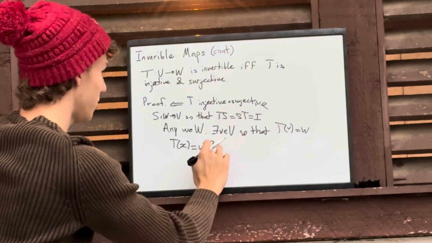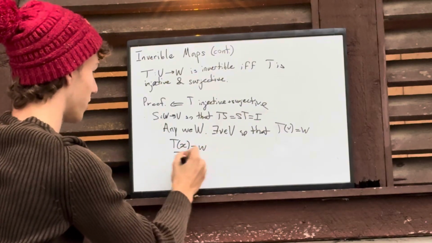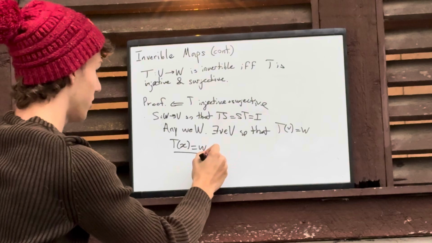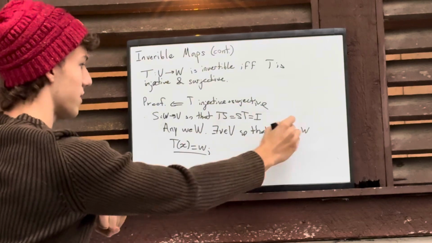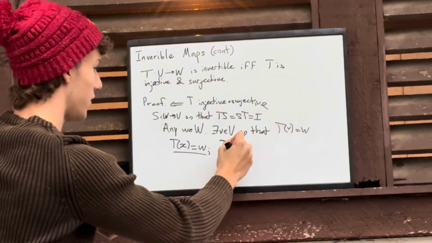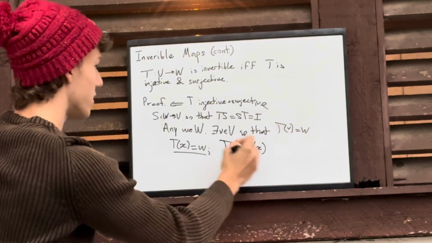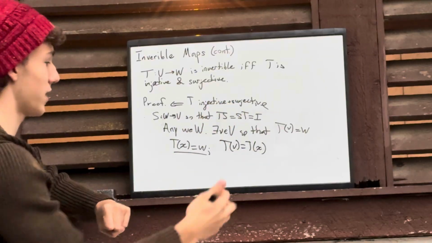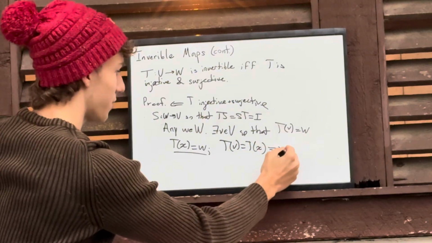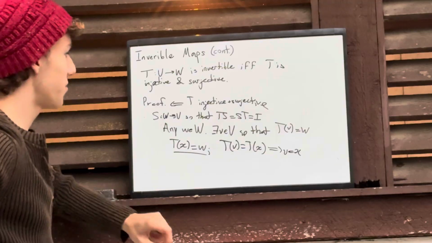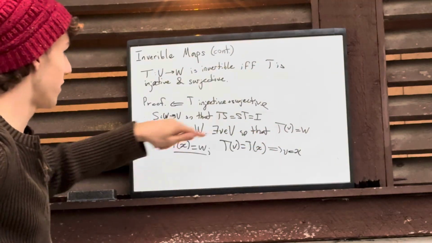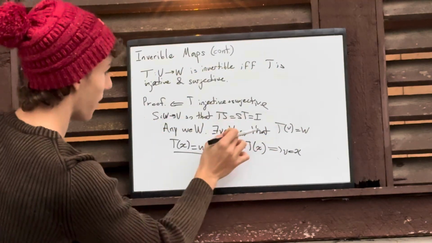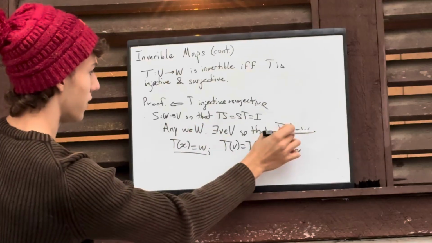Okay, assume this is true. If T of X equals W, then we can set these two equal, so T of V equals T of X. Oh wait, T is injective. That's very convenient. This means V equals X. Great, so it is indeed well defined. The thing we want to map W to has to be unique.